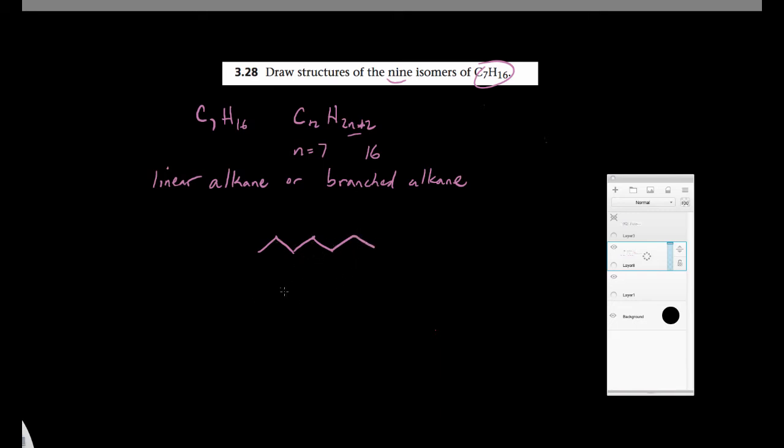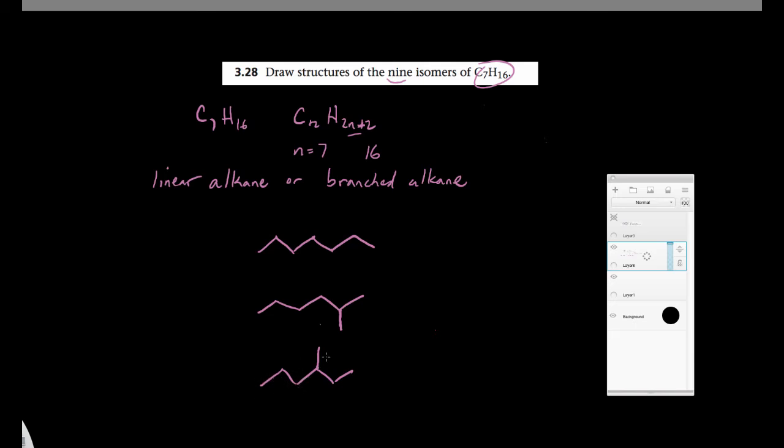And then let's take the linear hexane and put a branch there. So that has 7. 1, 2, 3, 4, 5, 6. So it's easier just to draw the parental chain. And let's say if we move this methyl group over 1, and we have this one.